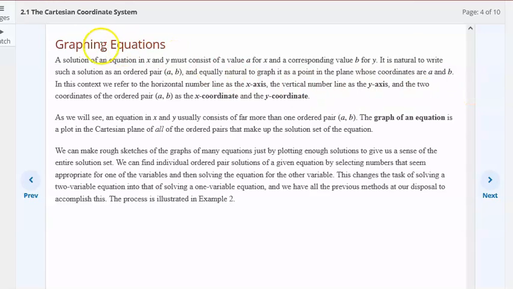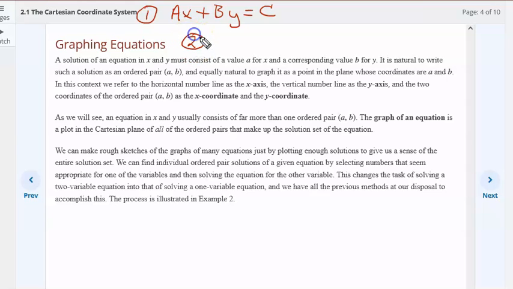Now what we're going to do is graph typical equations, but I want you to write these down as we go along. These are the main forms of equations. The first one we're going to call number 1. This is standard form: ax + by = c. Standard form of the linear equation in two variables, x and y.